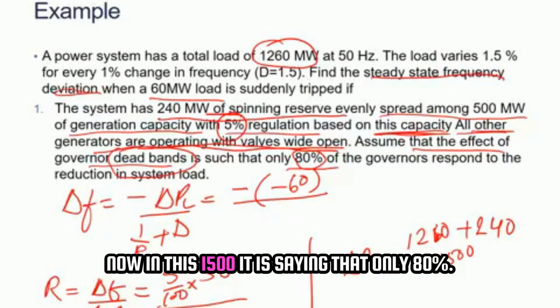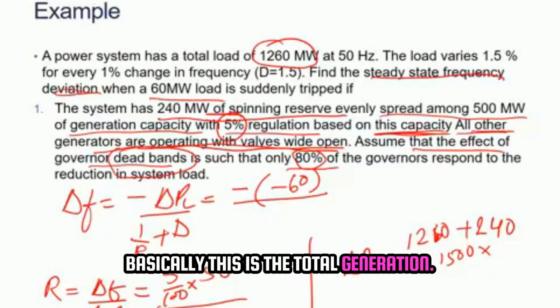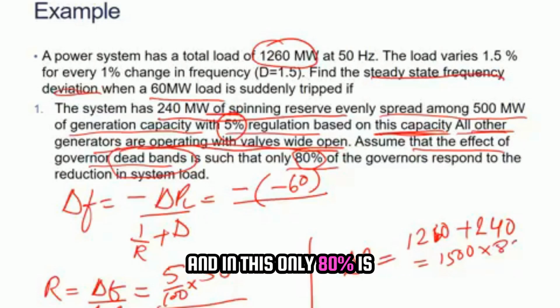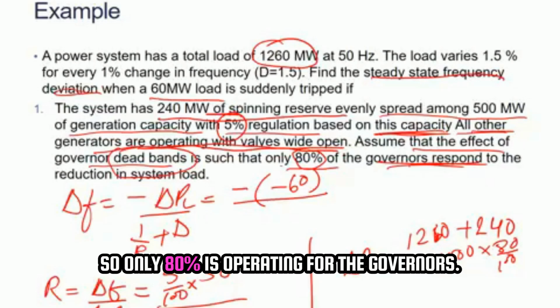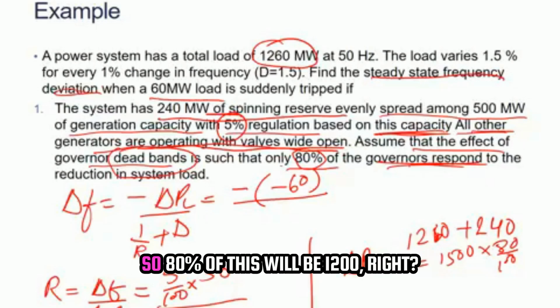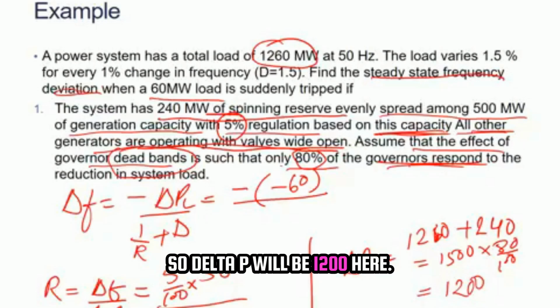Now in this total generation, only 80% is operating for the governors. So 80% of this will be 1200. So delta P will be 1200 here.